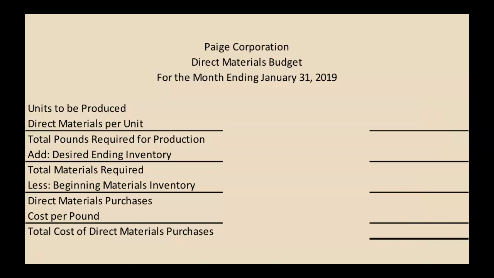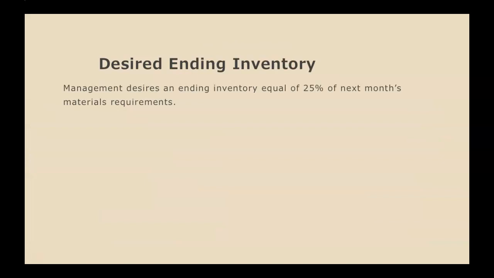So let's start filling this out for Page Corporation. We need to produce 4,000 units this month. There's going to be 2 pounds of materials per unit, which means that our total pounds required for production is 8,000. Then we want to add in the number of pounds that we want in our ending inventory. We're told that management desires an ending inventory equal to 25% of next month's materials requirements.